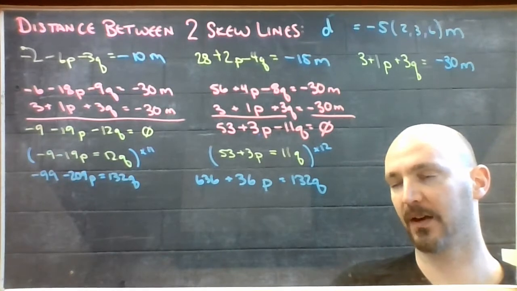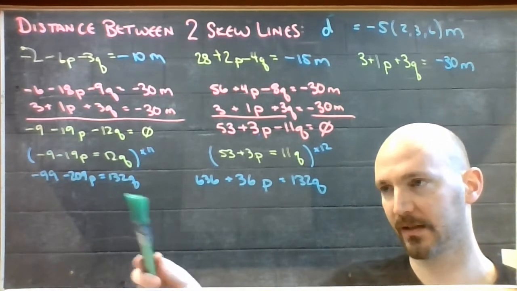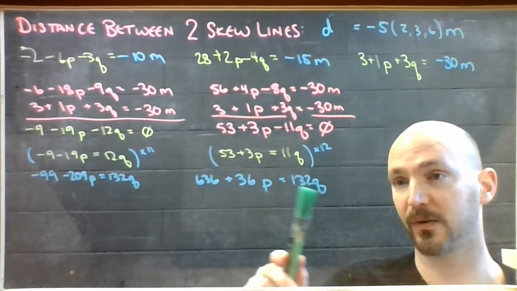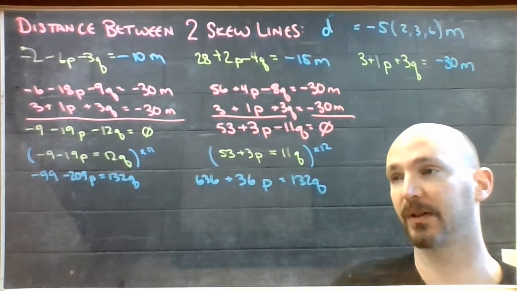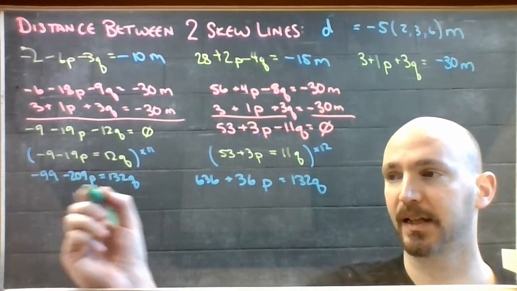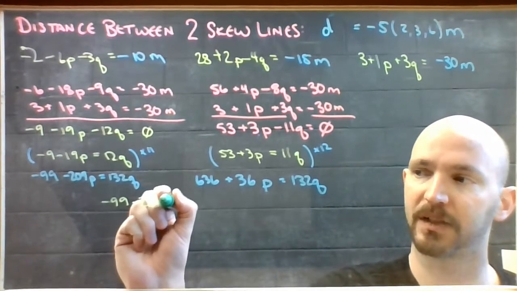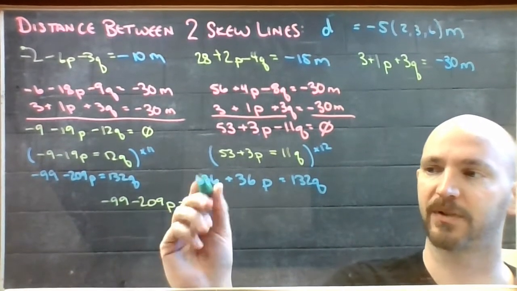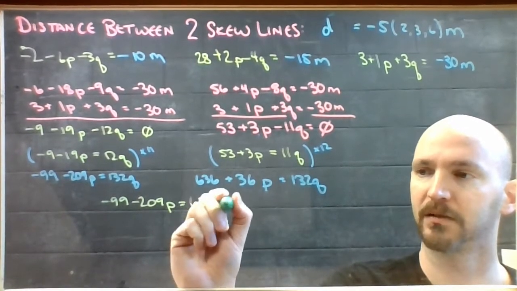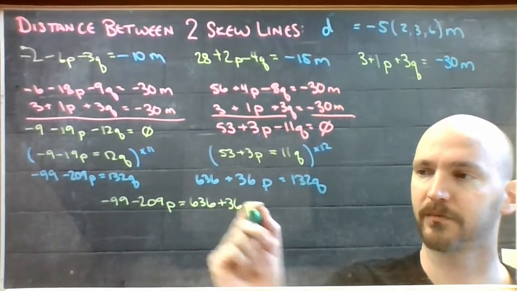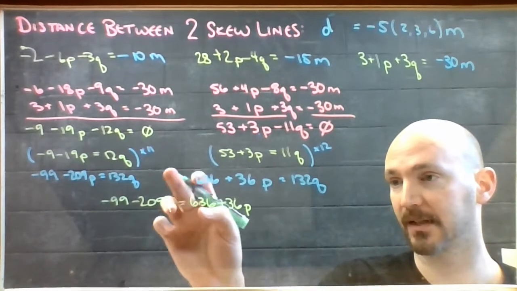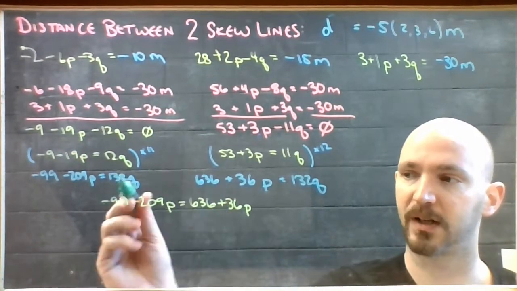So if this is worth 132 Qs and this is worth 132 Qs, then this thing, negative 99 minus 209p, should be equal to this thing. So I'm going to kick the 636 over there and the 209 over here.